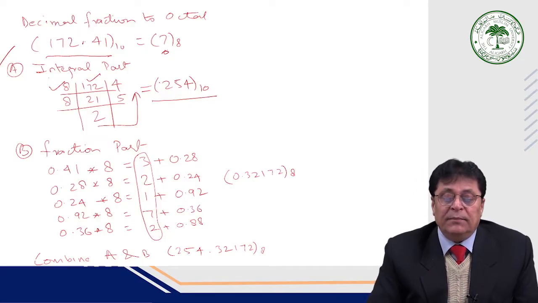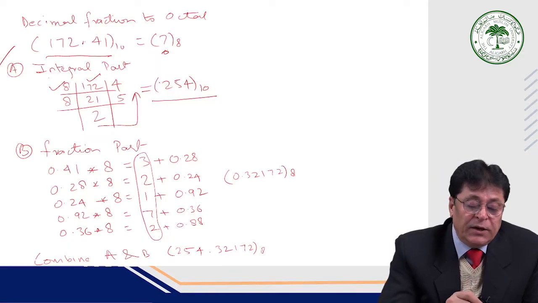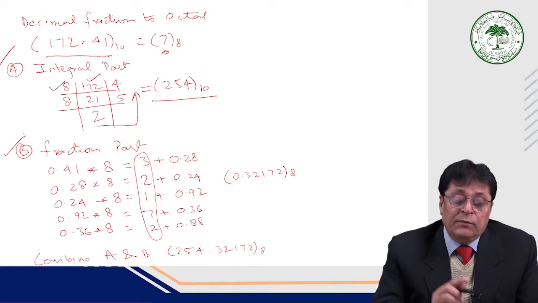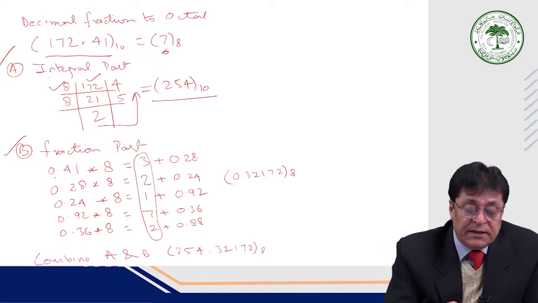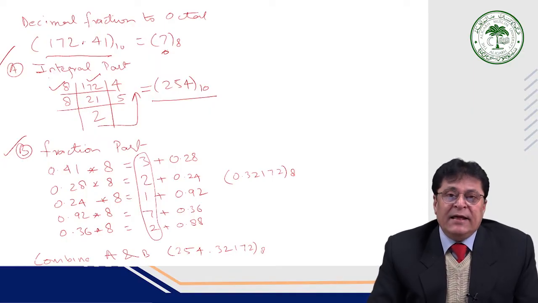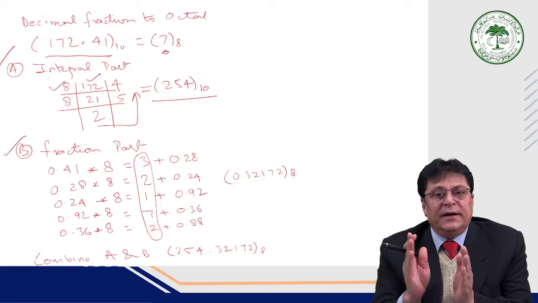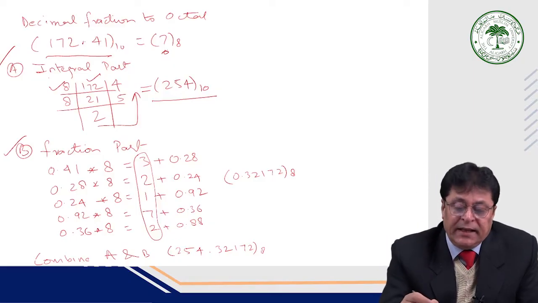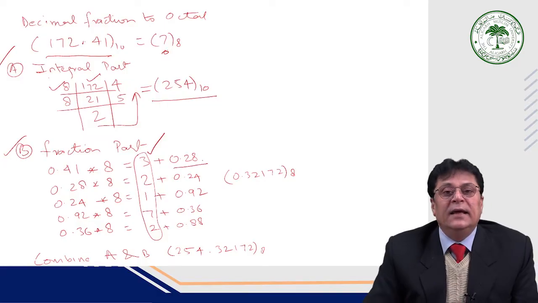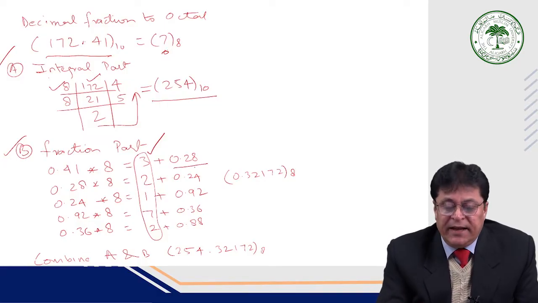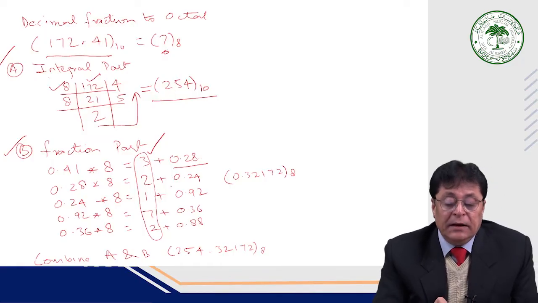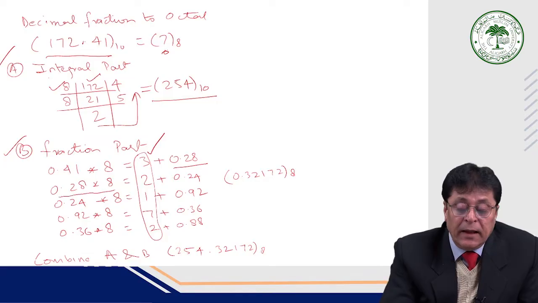Now, in order to convert the fractional part into an octal number, we will take the fractional part, which is 0.41, and multiply it by 8. The result will be written in such a way that we separate the integral part and the fractional part. Then we will take the fractional part and again multiply it by 8.